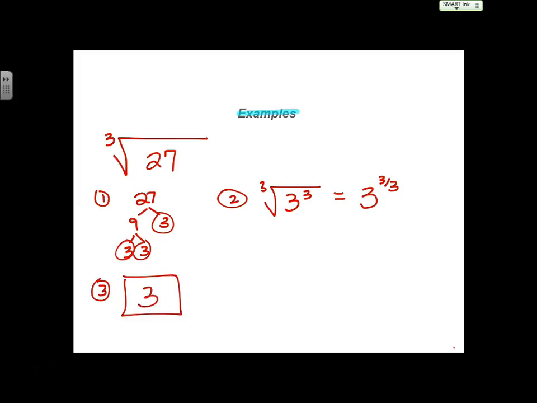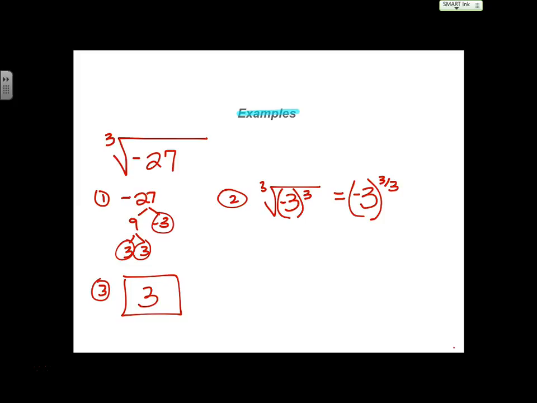Now, hold on real quick. What if we put a negative inside? This just gets way more tricky. Now the negative is not in the exponent. The negative is in the number on the inside. What do you think the final answer would be? Not 1 over 3.